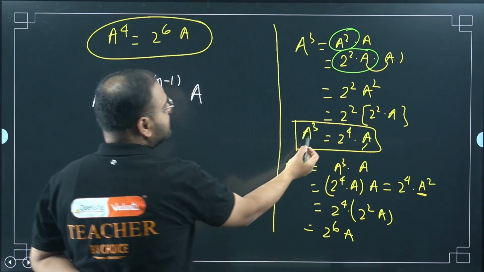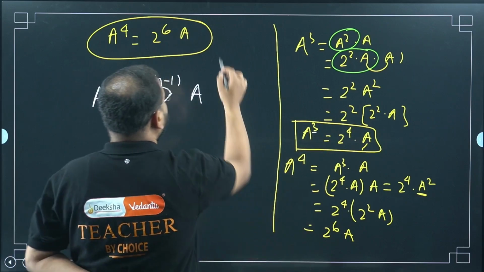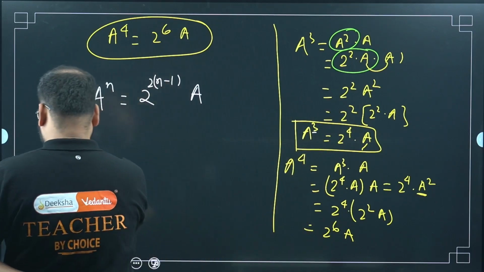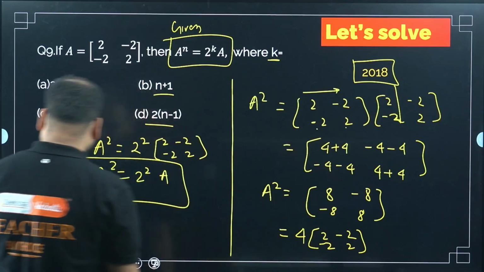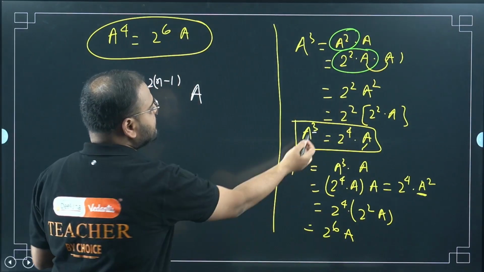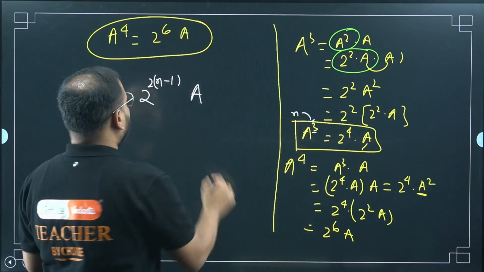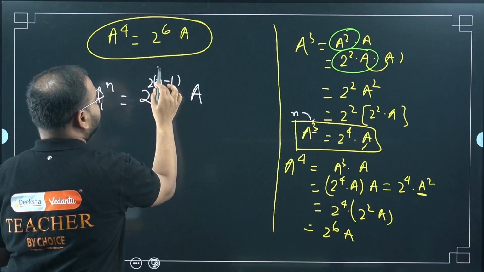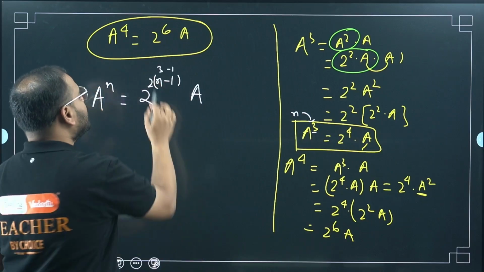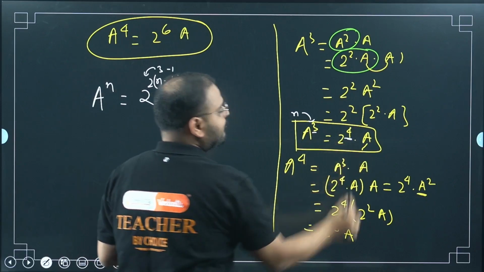Let me check the A cube first. If I take A cube, what is my n over here? Please check. n is 3. Now put it here. 3 minus 1, 2. 2 times 2 will be 4. Okay.